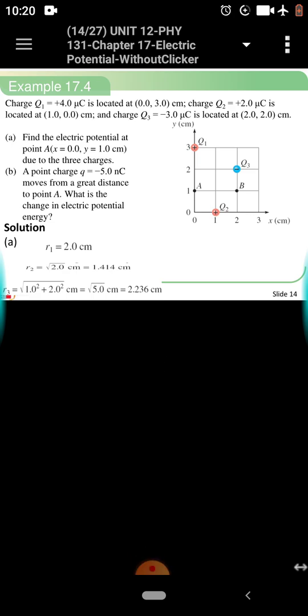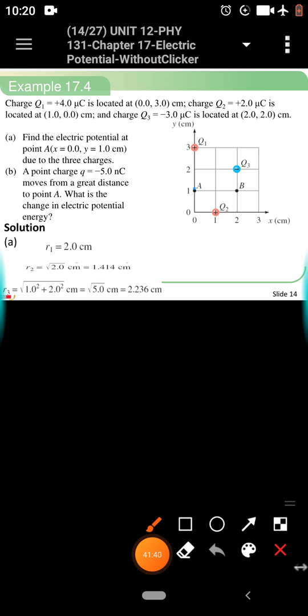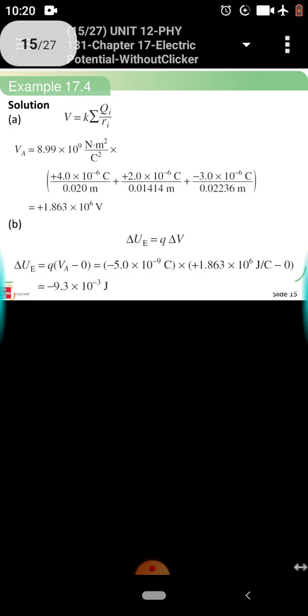Because we were interested in point A, we have worked out the potential at A. Not the potential difference, but the potential at A, and then you can find the potential difference from the reference point where R is infinity. This way we calculated the potential difference, and from there we're able to substitute. I hope you get this.